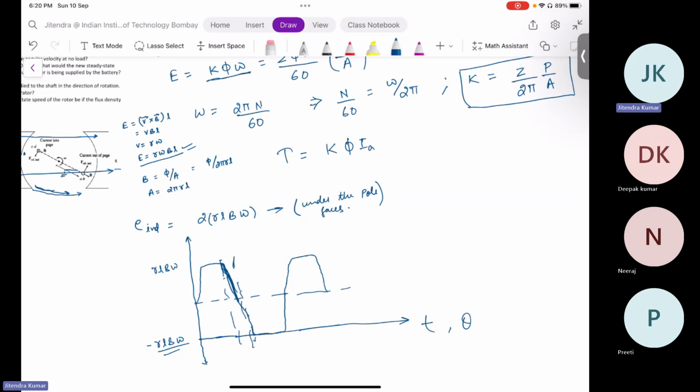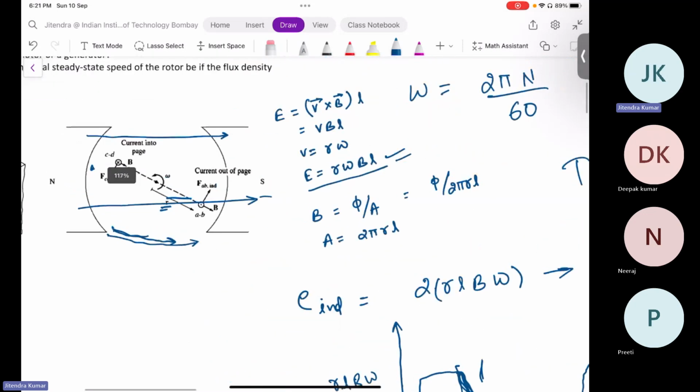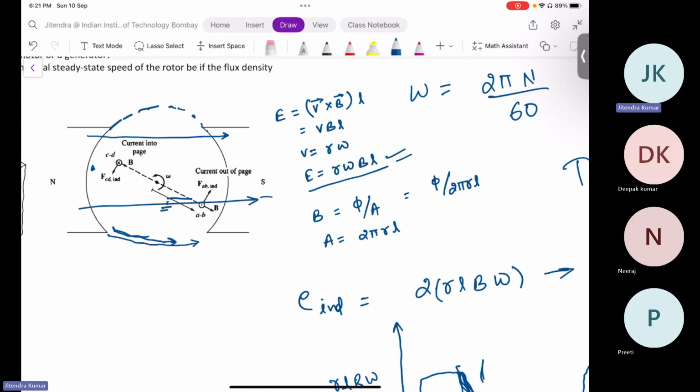Sorry, I didn't get your problem clearly. Could you please repeat it once more? So this is a cylinder, right? You are saying that flux is flowing here, and this cylinder will be jointed like this. Do you agree? So this whole area is what?